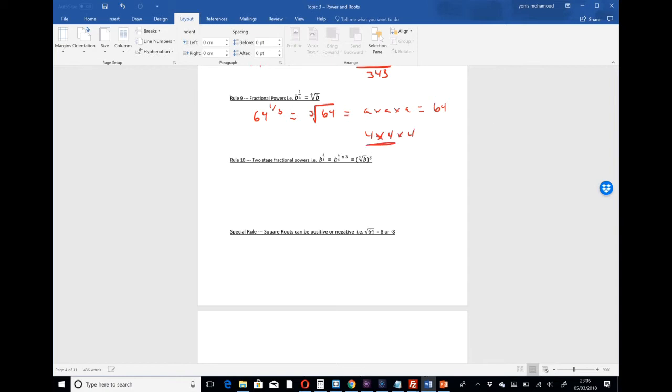So 4 times 4 is 16, and 16 times 4 is 64. Yep, that's the value we're looking for. So 4 times 4 times 4 gives us 64. So that means the cube root of 64 is 4. And that's our final answer.